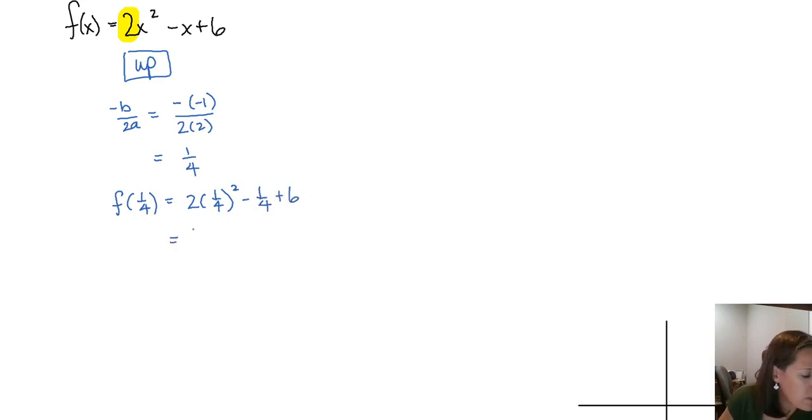And that simplifies to 47 over 8, which is approximately 5.9. So just shy of 6 there.